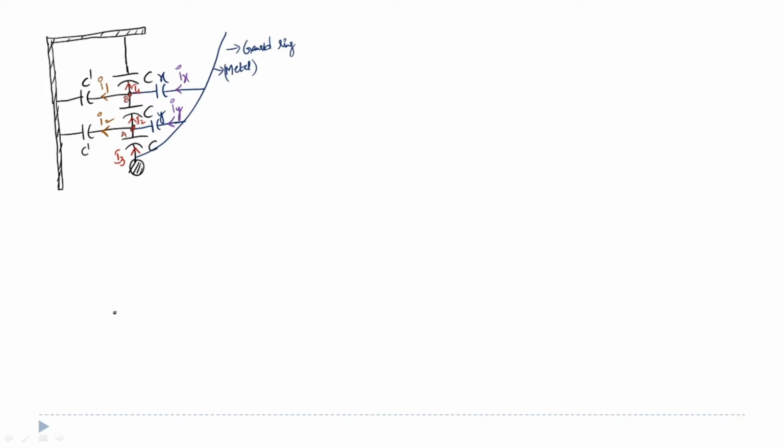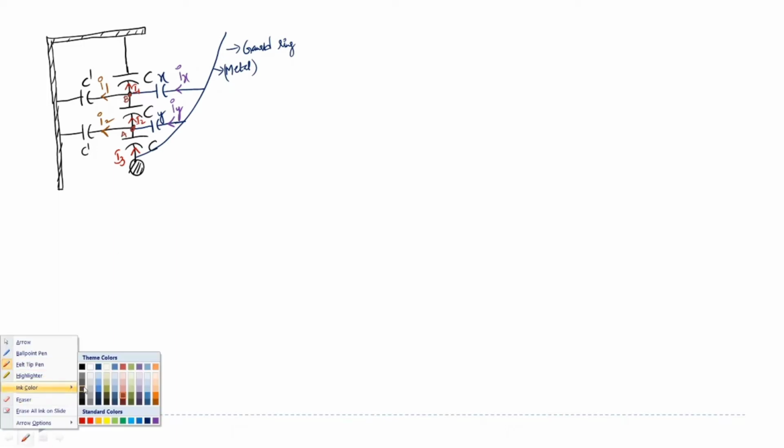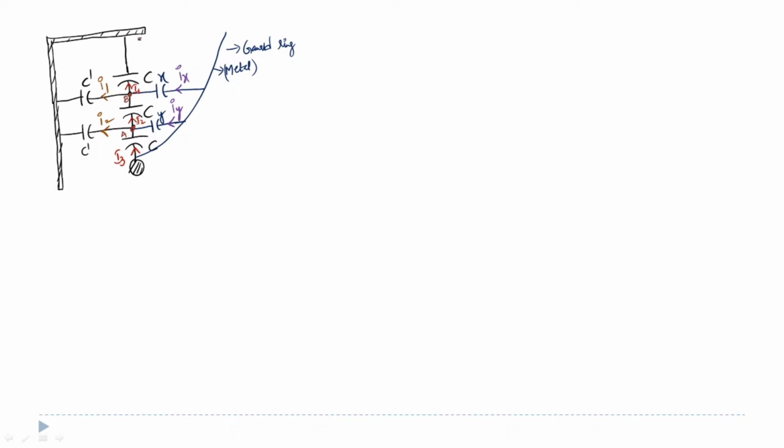Now, if we don't apply any compensating method, you will have different voltages across each and every disc. These are V1, V2, V3.